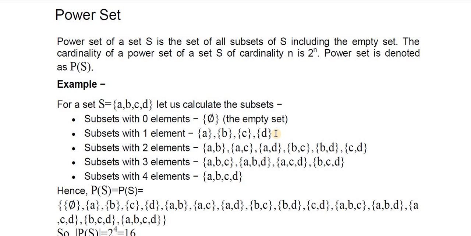The power set is denoted as capital P of S. So power set mane ki eta set S or power set mane ki buja jabo, all subsets, the set of all subsets including empty set aru hei set tu nijei.